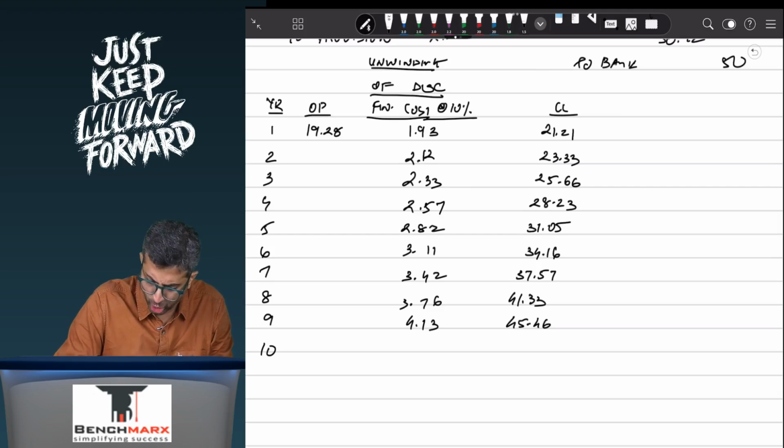And hence, if I go to see ultimately, this comes to around 50. This is 4.55 or 54, let us say.